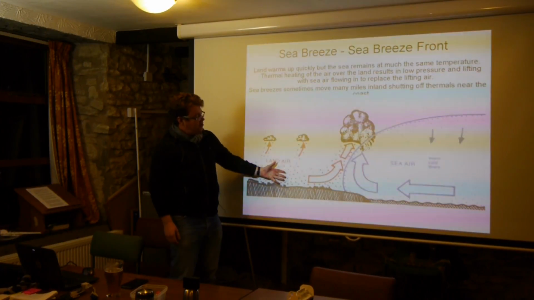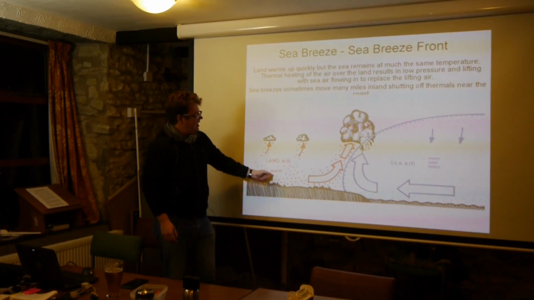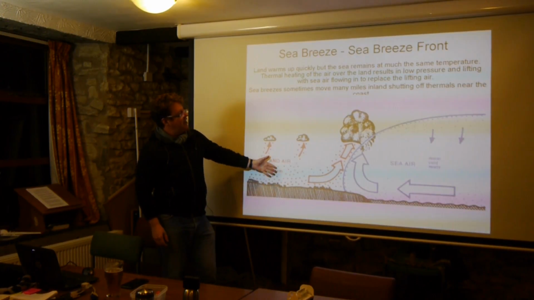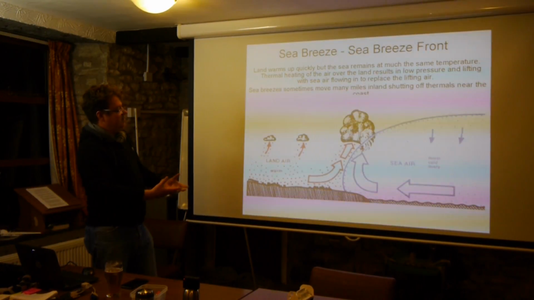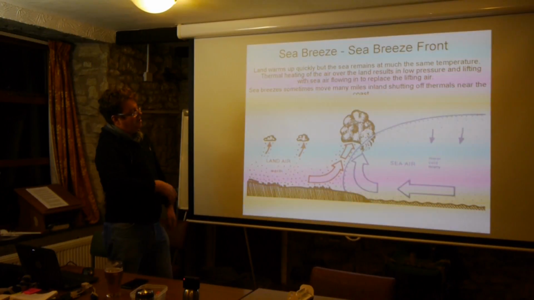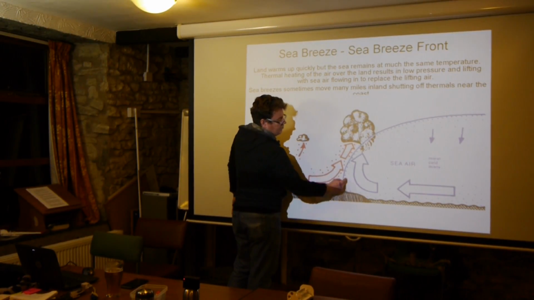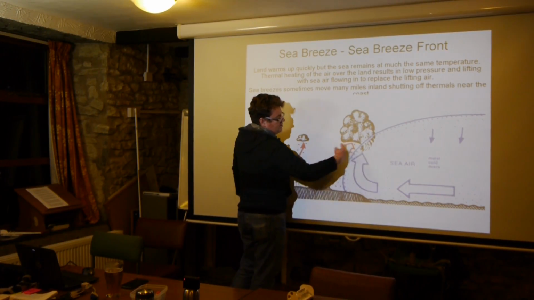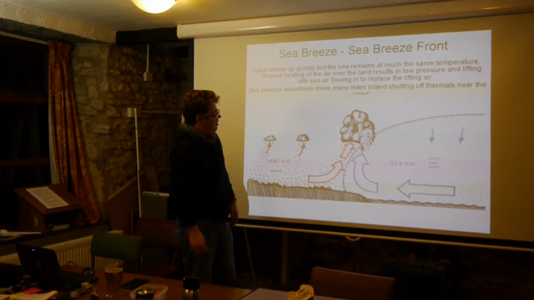And when you have lower pressure at the surface, that tends to encourage air in from the surrounding areas, and the lower pressure, less dense air to rise. This effect develops in the summer at the coasts. We start off with a small scale circulation at the actual coastline, and then the circulation gets larger and larger as the day goes on.